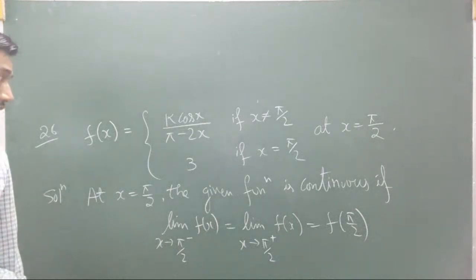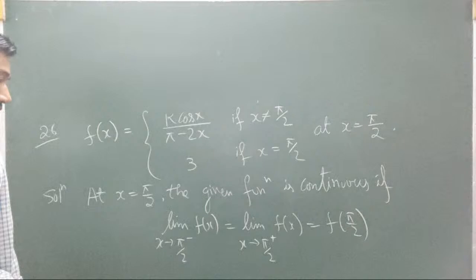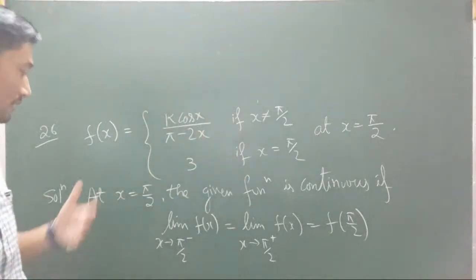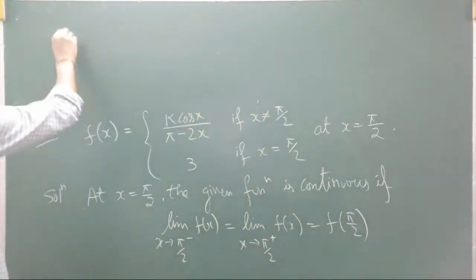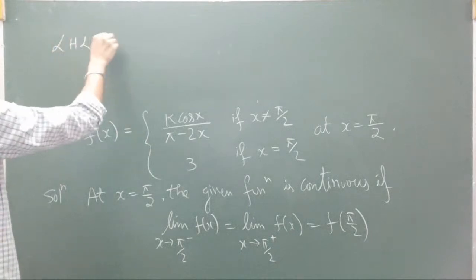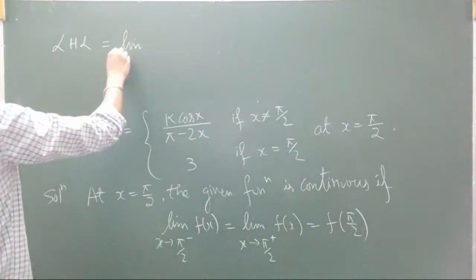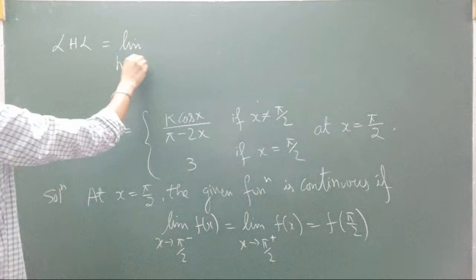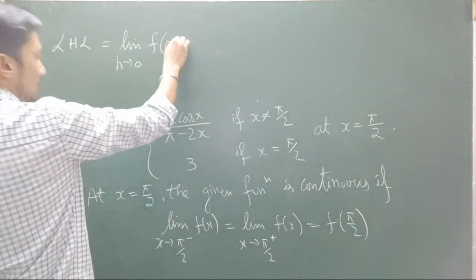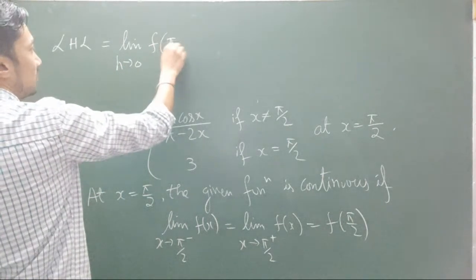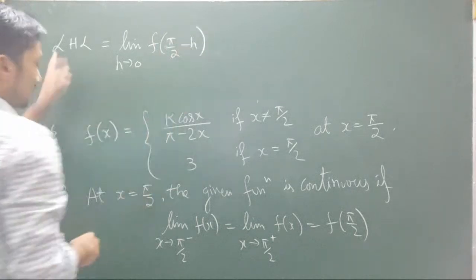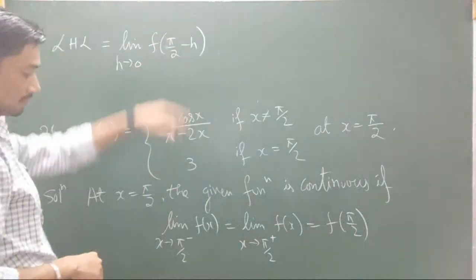Okay, so fine then. Let's find out the value of k. So let's see what happens with the functions. Let's start with the left-hand limit. So I'm going to write directly. So left-hand limit, I'll start straight with the interval, h tends to 0, f of pi by 2 minus h. Left-hand limit, so I'm just starting directly with pi by 2 minus h.